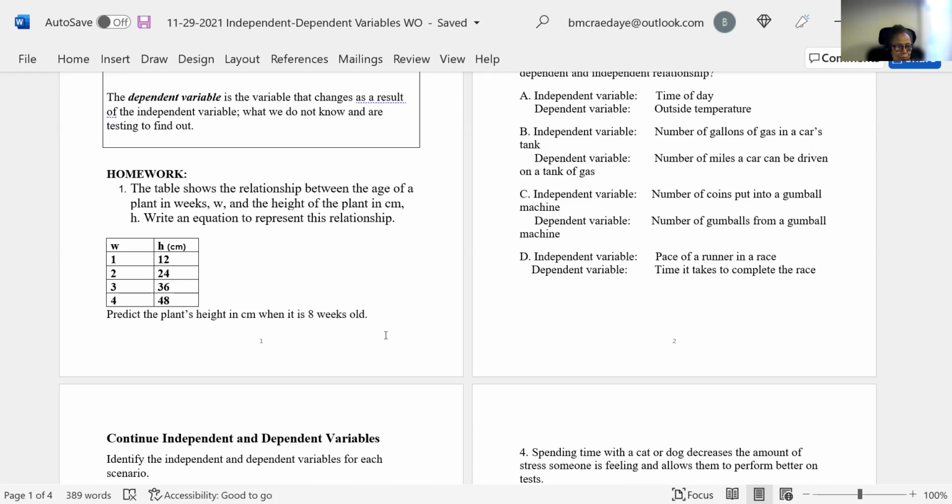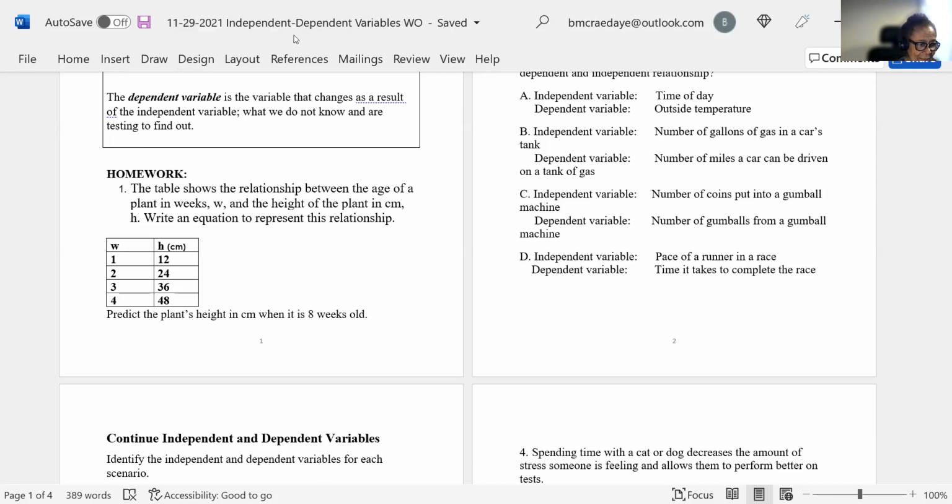Let me see. 1, 2. Like the height is like 12, adding 12, right? Well, you're onto something. It's like 4 weeks. It's 12, right?